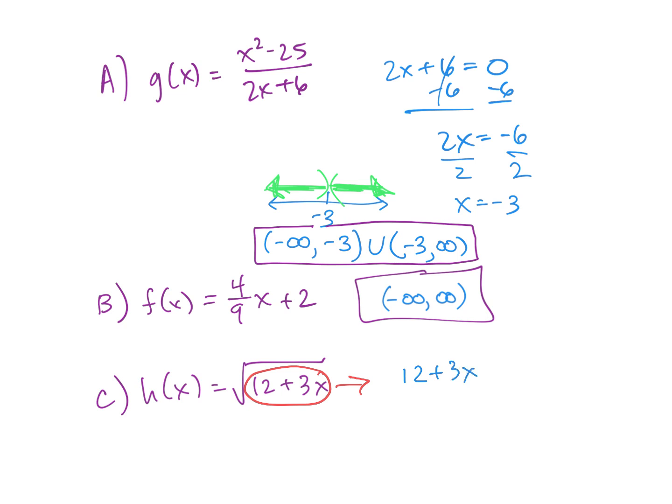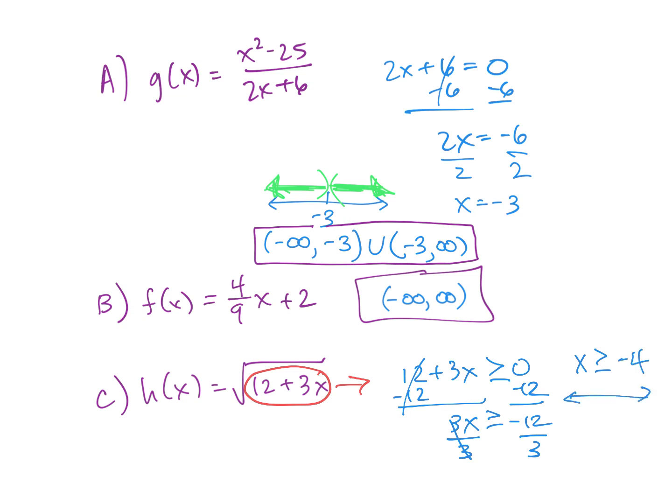To make sure it's not negative, it can either be greater than 0 or it can equal 0. So then I solve for x, subtract my 12, don't flip. 3x is greater than or equal to negative 12. Divide both sides by positive 3, and because it's positive, I don't flip. And I end up with x is greater than or equal to negative 4.